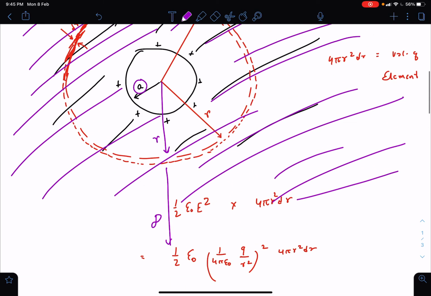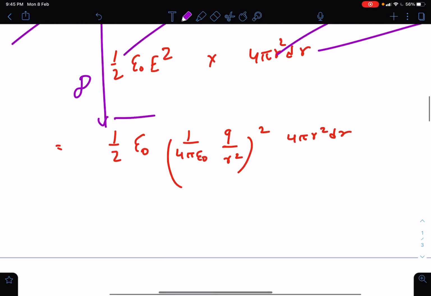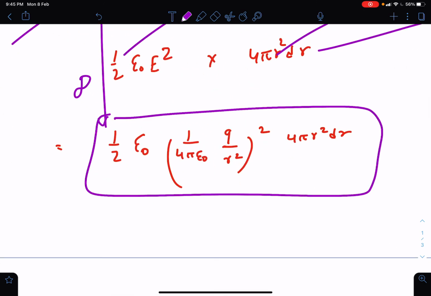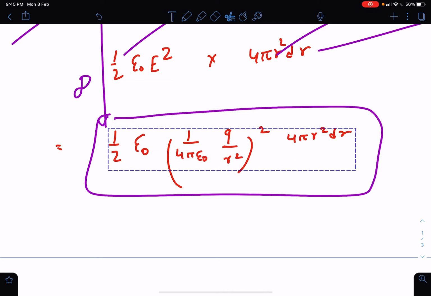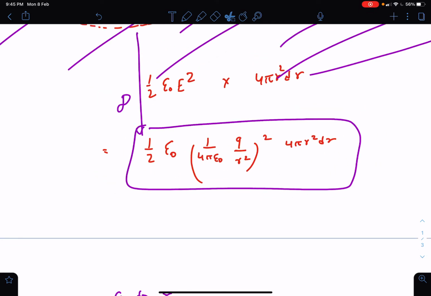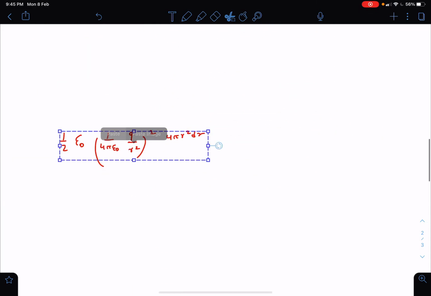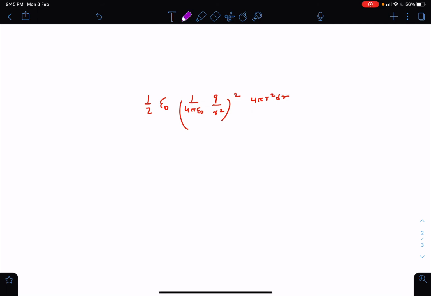Now this is the energy stored in delta V volume, a small elemental volume. So how to calculate the total energy contained? Total energy contained means we have to sum up the energy stored in all these small spheres.